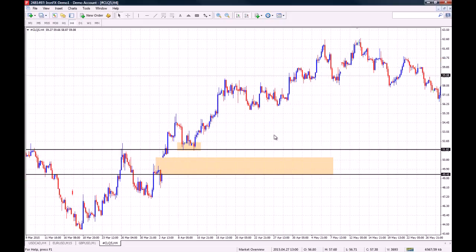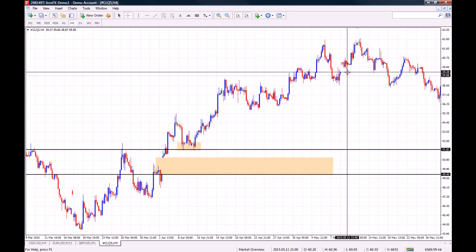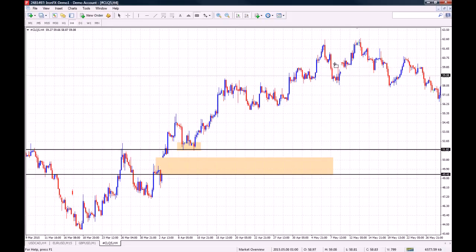Okay, now you can see that price closes for the week at 59.38, which means that it closes $9.38 higher, or $8.38 higher, which means that this weekly option expires in the money. Okay, and you can do this with currency pairs, with indices, and with metals and energy.